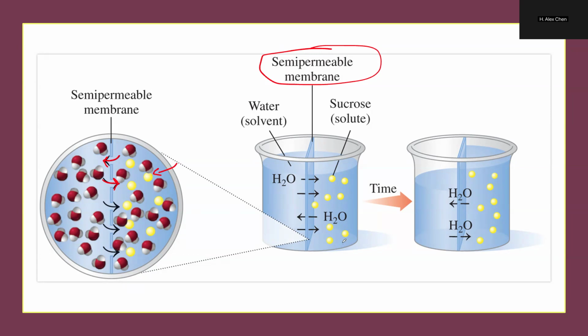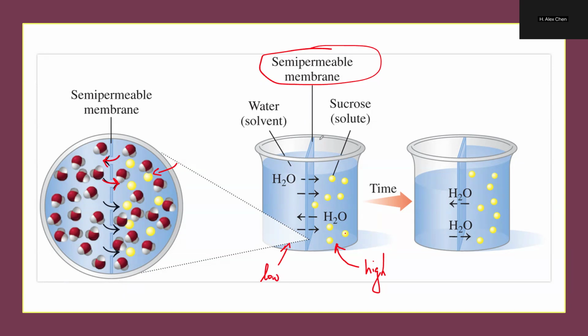So what happens here is that if you look at the apparatus on the left, right now, in the right side of that container, I have a high concentration because I have a lot of solute particles, but very few in comparison to the left. So the left side is very low in concentration. And that's not ideal.